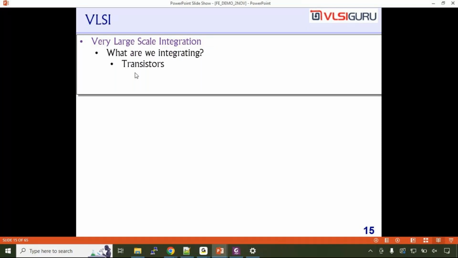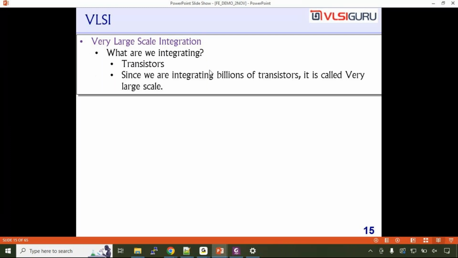It is the transistors. You put together all the transistors, and what you get is a chip. Since we are integrating billions of transistors, it is called very large scale.